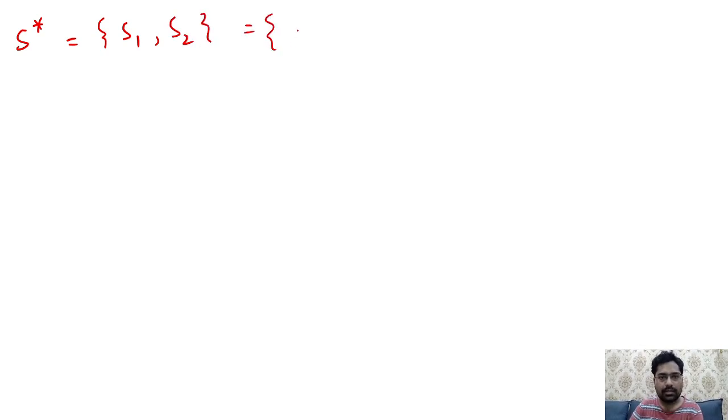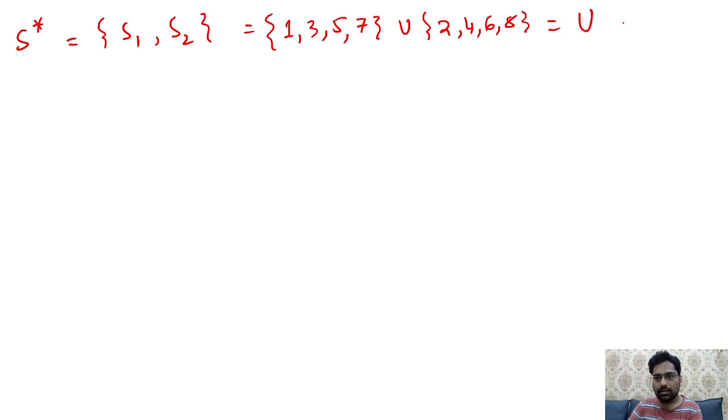Because if you union these two, 1, 3, 5, 7 and 2, 4, 6, 8, it is definitely equivalent to U or the R, which we have already taken.